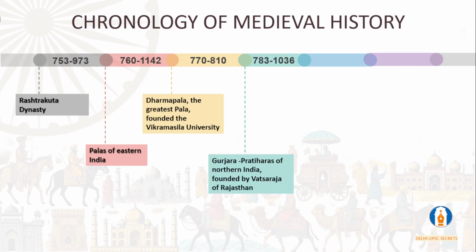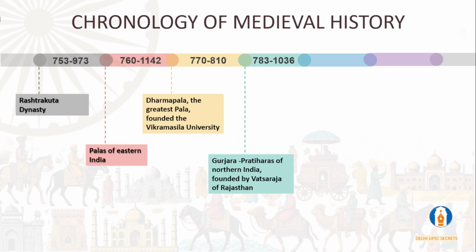From 783 to 1036 AD is the period when the Gurjara Pratiharas of northern India were rising, founded by Vatsaraja of Rajasthan. It means from 753 to 1036 we have the expansion of the Pratihara Empire. We would see the rise of the Pala Empire in the Bengal region, and also parallelly the Rashtrakutas.